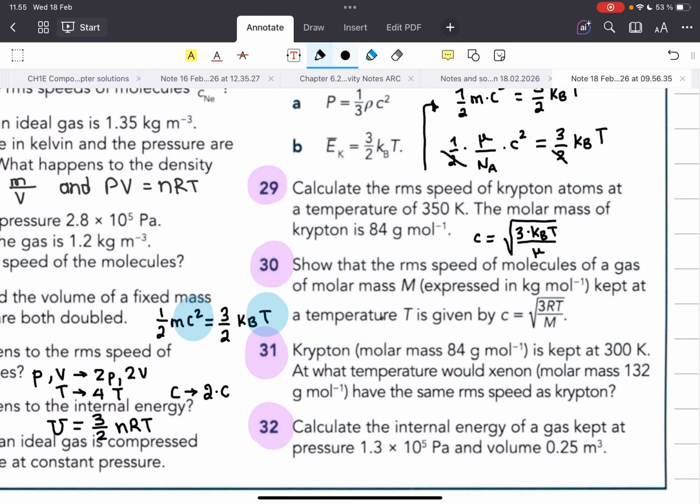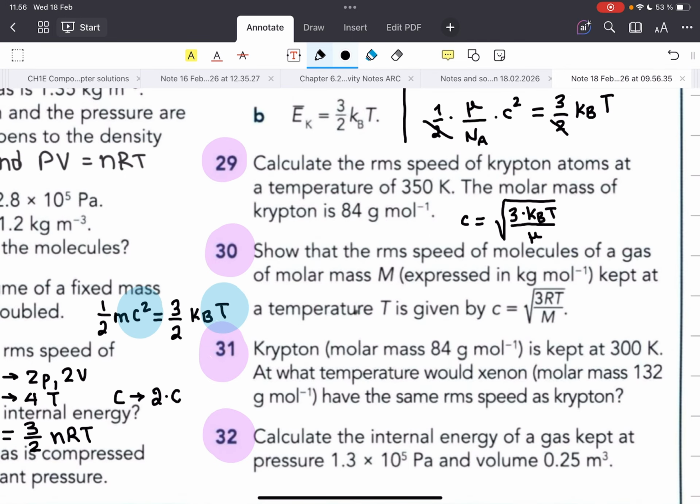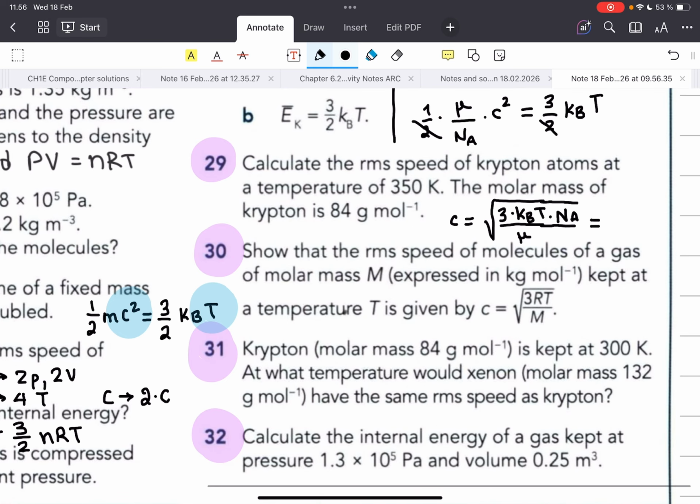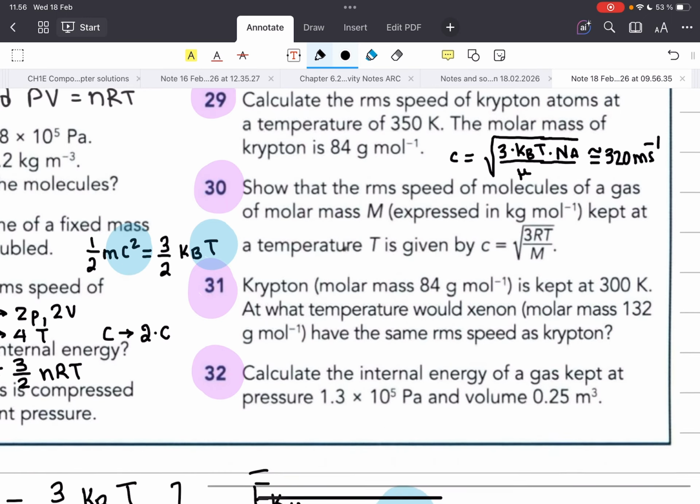Did I do it correctly? Let me have a look. I forgot something. I think I forgot the Na here. There you go, that's correct now. So it would be 3kBT times Na divided by mu, and that way you will calculate the root mean square speed, and you will get about 320 meters per second.